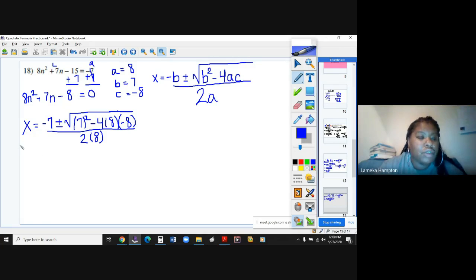All right. So now, again, this is just regular schmegula math. I have negative 7 plus or minus. 7 times 7 gives me 49. And then I have a negative 4 multiplied by a negative 8.